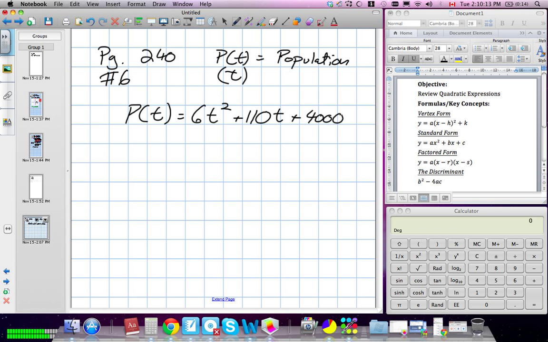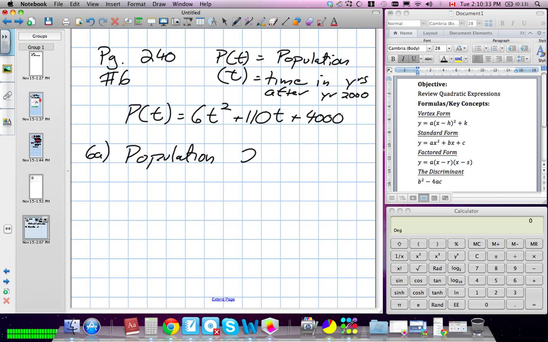So, 6a asks us for the population in the year 2020. Since our function has the variable t, we're trying to find the number of years after 2000. In the year 2000, t is actually the value of 0.